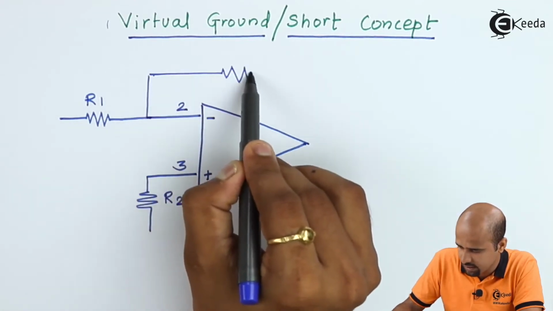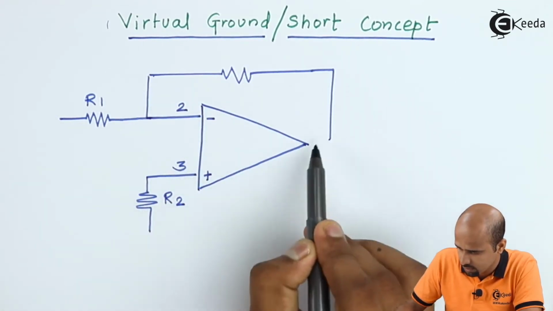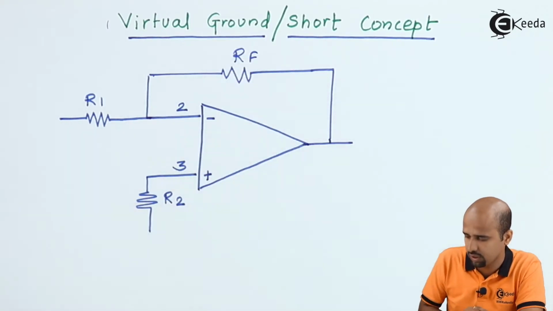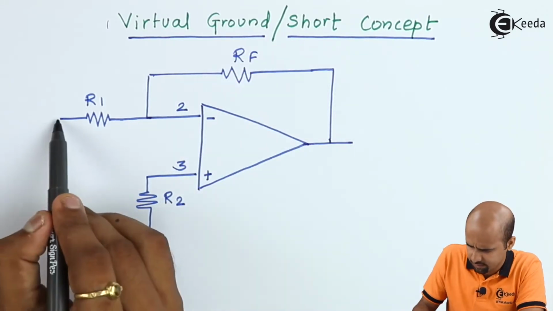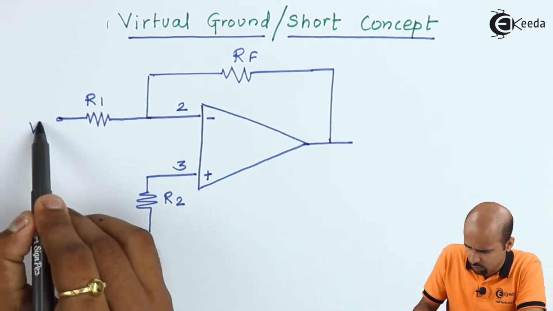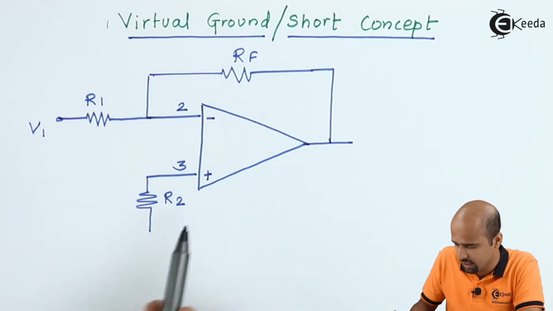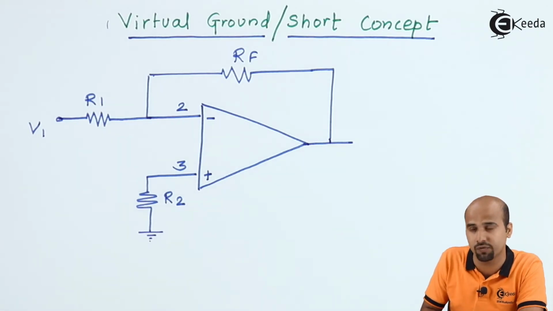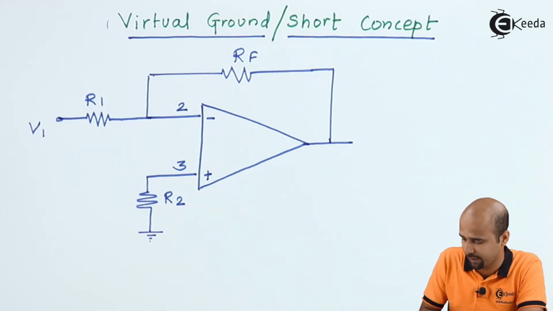This is feedback resistance RF. Let us consider that this voltage V1 I have applied and here I have placed ground. So it's an inverting configuration of operational amplifier.